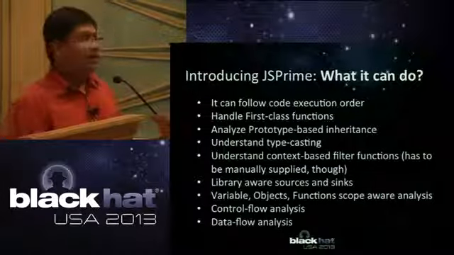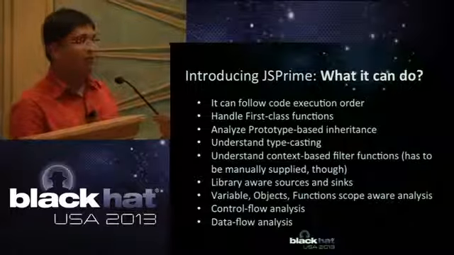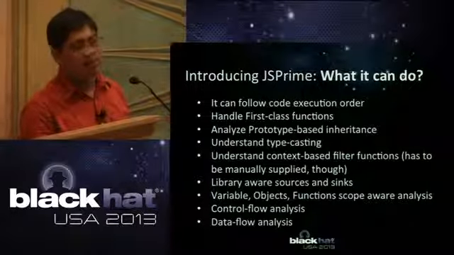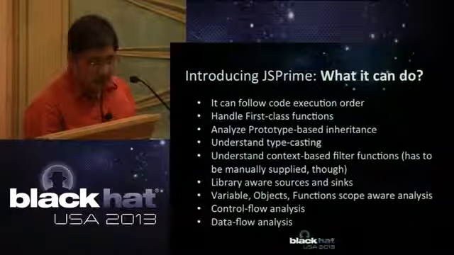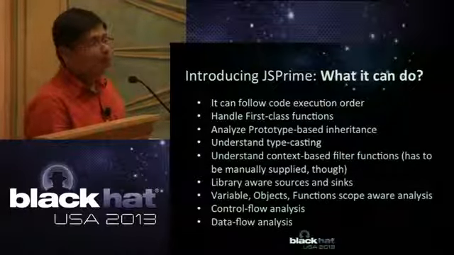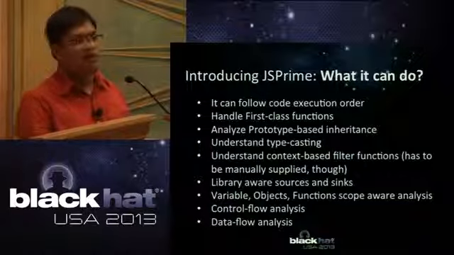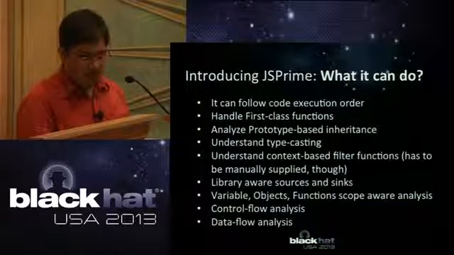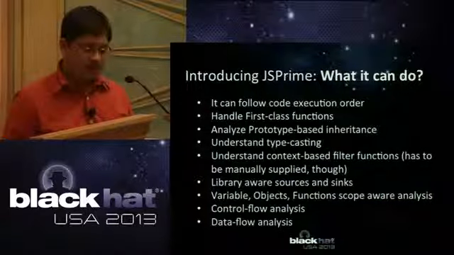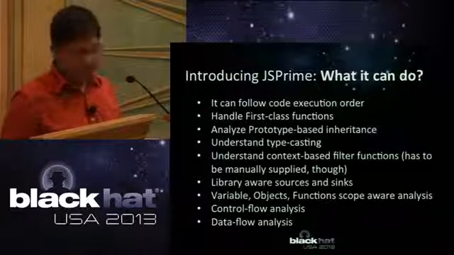It has library aware sources and sinks. So far we are supporting just YUI and jQuery. It has scope-aware analysis for variables, objects, and functions, so that you have fewer false positives. It has control flow analysis and data flow analysis.